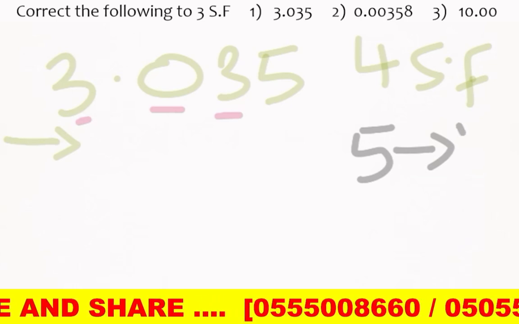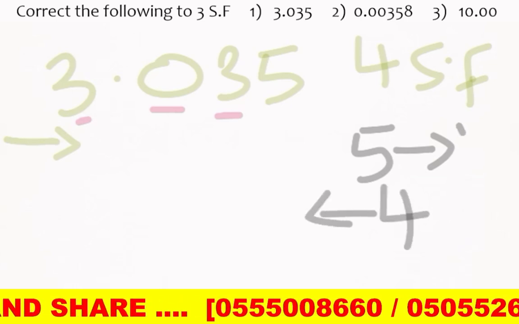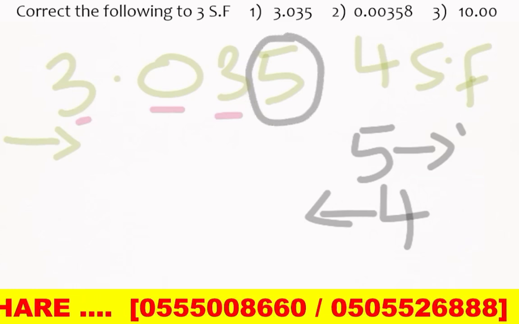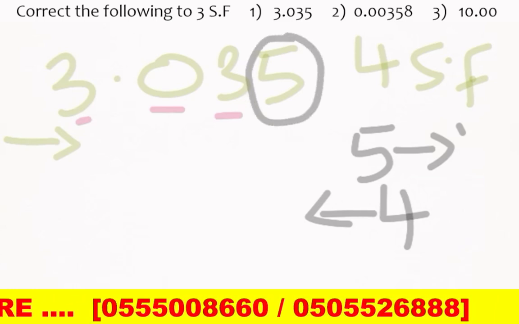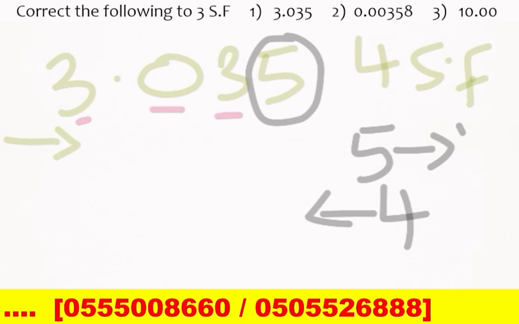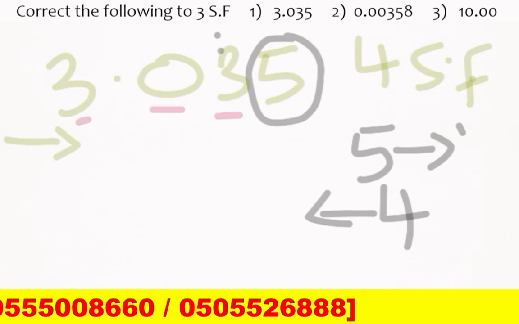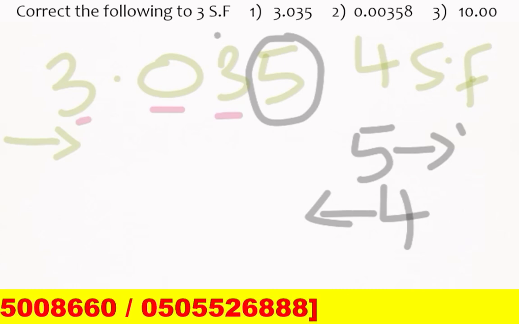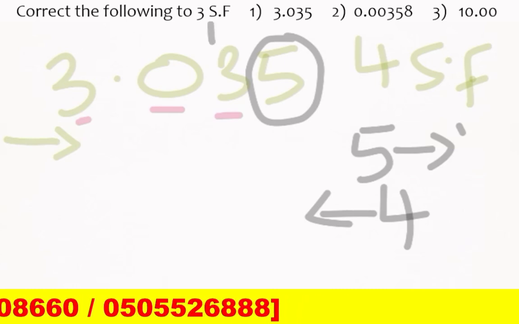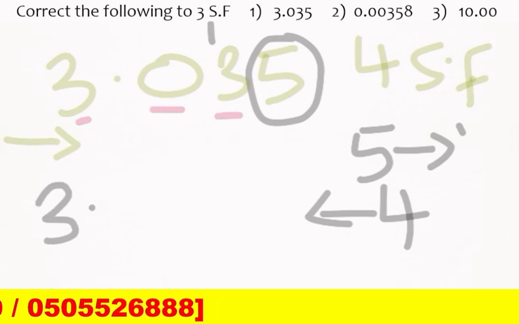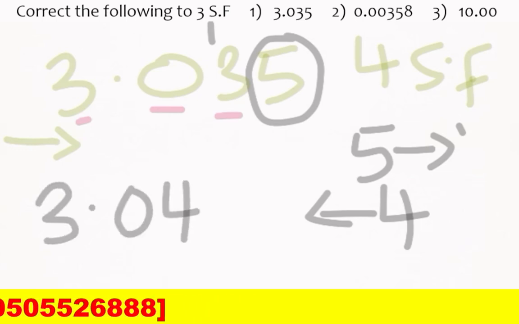But if it is 4 and below, we just ignore it. So if this one was to be 4 or less, we will ignore it. But since it is 5, you will take 1 from it and add it to the 3. So our final answer will be 3.04, because we took 1 from the 5 and added it to the 3, which will now be 4.